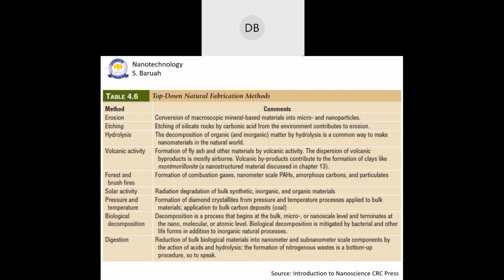Okay. Another is pressure and temperature, right? So these are directly proportional. The higher the temperature, the more will be the pressure. That's what happens in a pressure cooker also, right? So formation of diamond crystallized from pressure and temperature processes applied to bulk material.